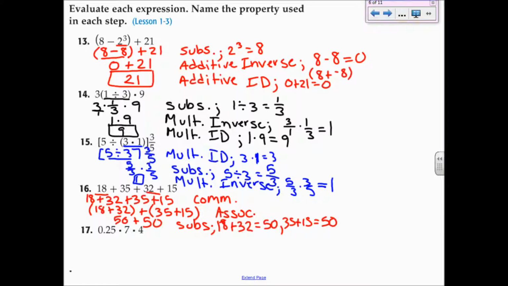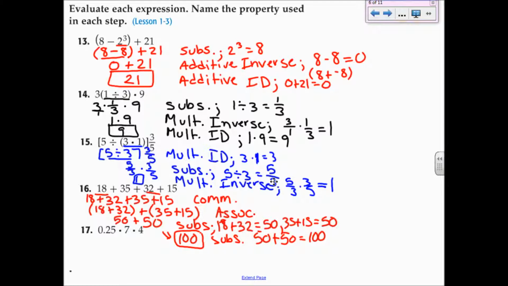And then my last step, I'll put down here, 50 plus 50 is 100. And that's also the substitution property, because 50 plus 50 equals 100. So I can just substitute it in.